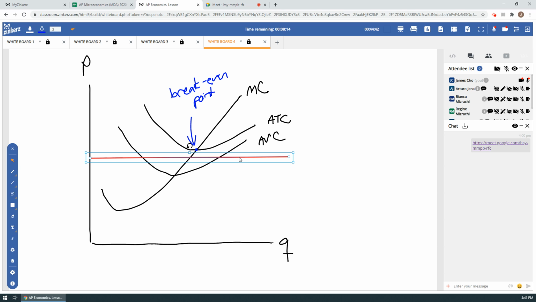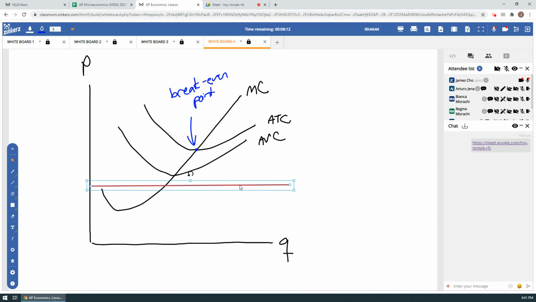Whenever you're below the break-even point, you're making losses. And when you're exactly at the break-even point, well, that's when you're breaking even. Okay, that's where you earn zero economic profits, or in econ, what's another name for zero economic profits? Natural. Close. Natural. It's another N word, not natural.